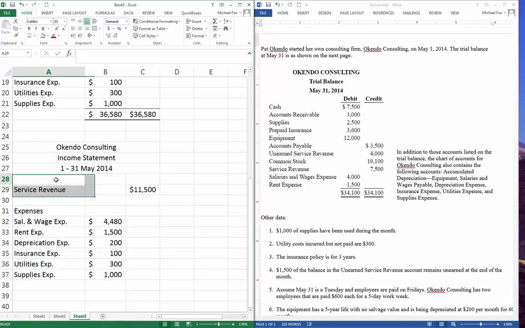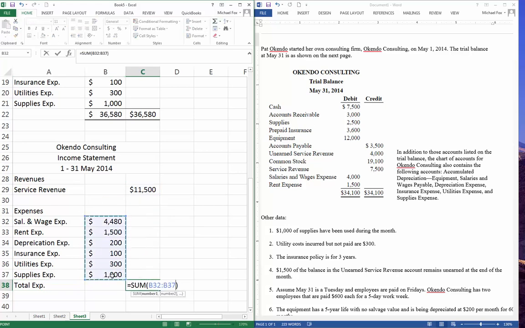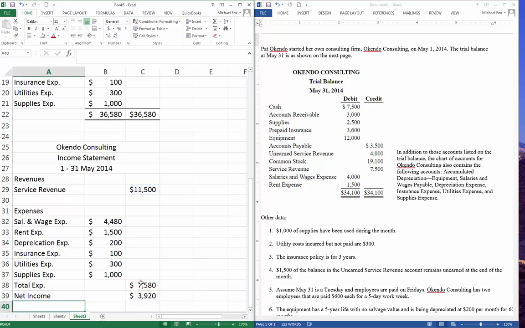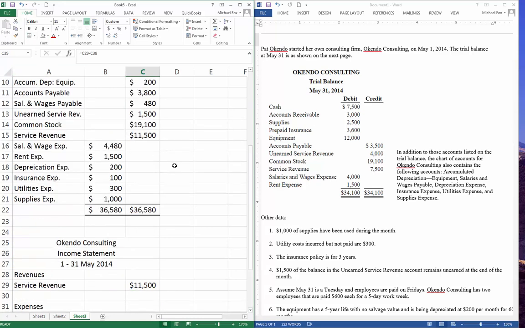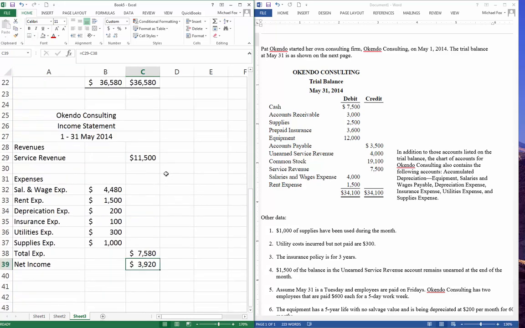This is why Excel is such a nice tool. Our total expense would just be the sum of all these expenses. And then our net income would equal our revenue minus our expense. And that's it. So once I've got my adjusted trial balance, it becomes very easy to create the financial statements.